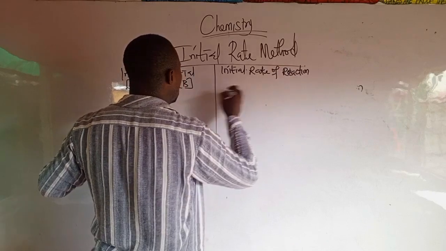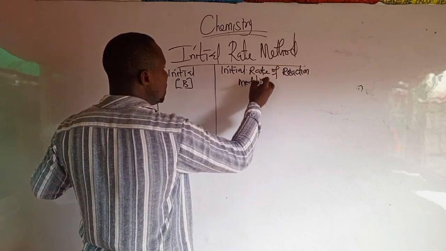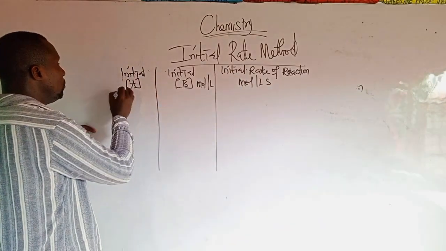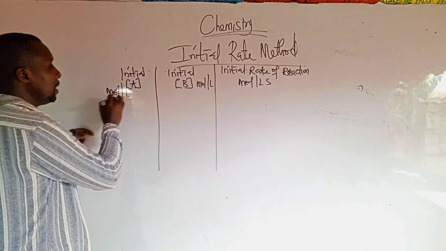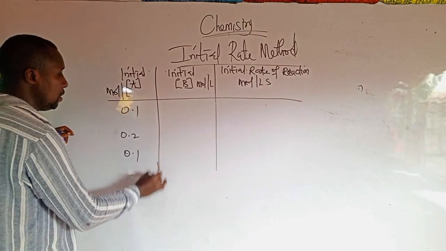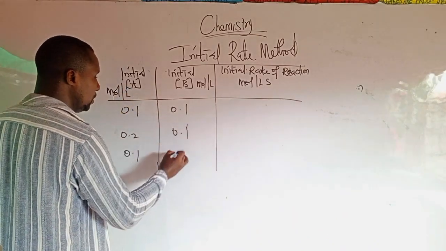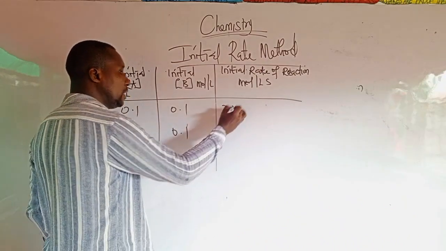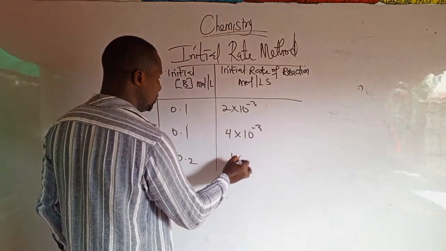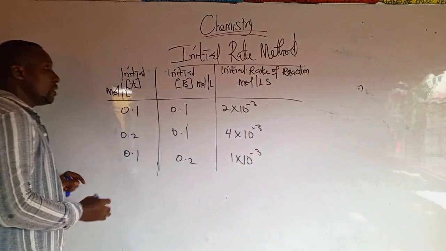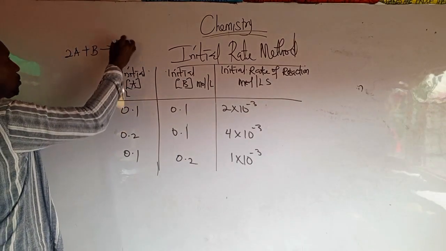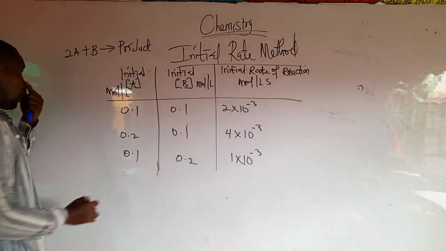The rate of reaction is in mole per liter per second. The concentrations are given in mole per liter. You have 0.1, 0.2, 0.1, and 0.1, 0.1, 0.2, with rates 2 times 10 raised to power minus 3, 4 times 10 raised to power minus 3, and 1 times 10 raised to power minus 3. This is for the reaction 2A plus B to give product.